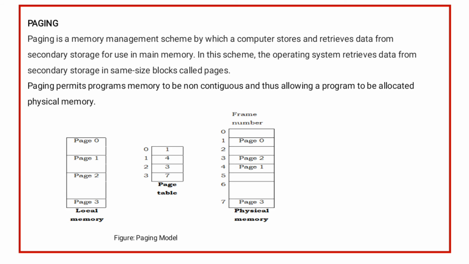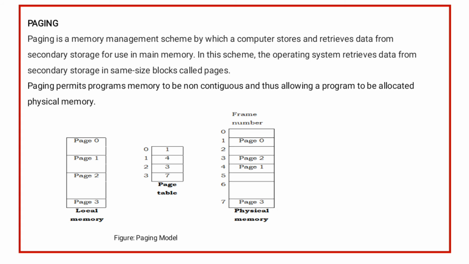Next is paging. Paging is a memory management scheme by which a computer stores and retrieves data from secondary storage for use in main memory. In this scheme, the operating system retrieves data from the secondary storage in same-size blocks called pages. Paging permits a program's memory to be non-contiguous, thus allowing a program to be allocated physical memory.